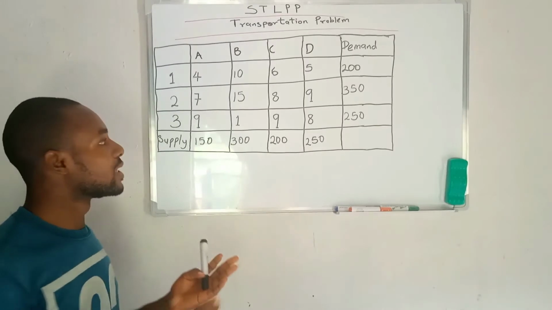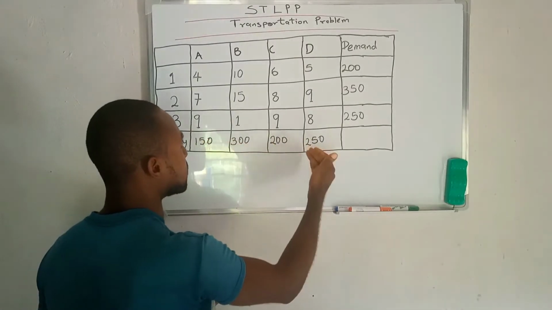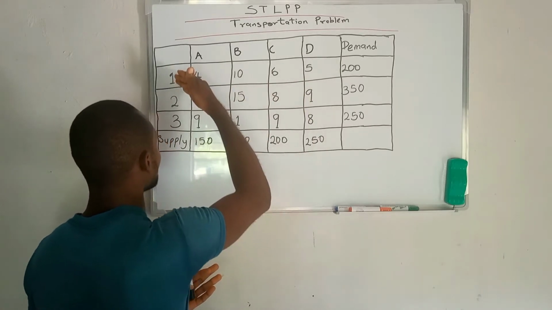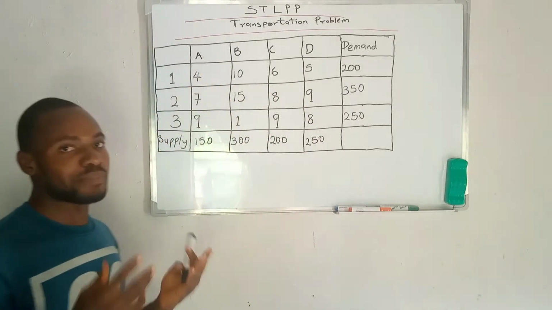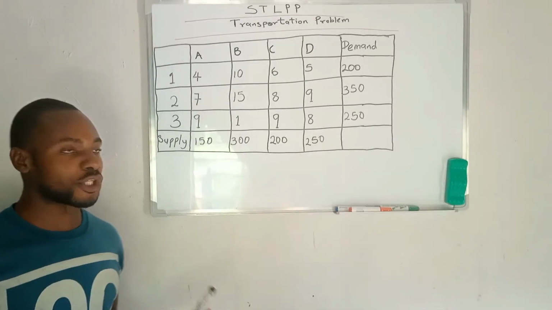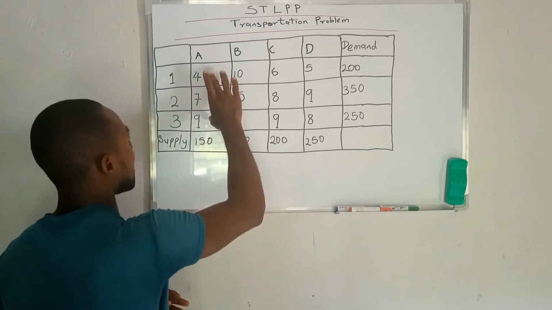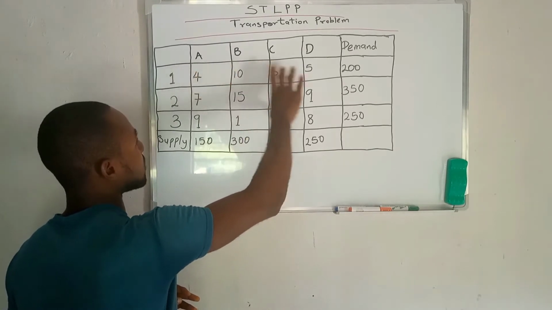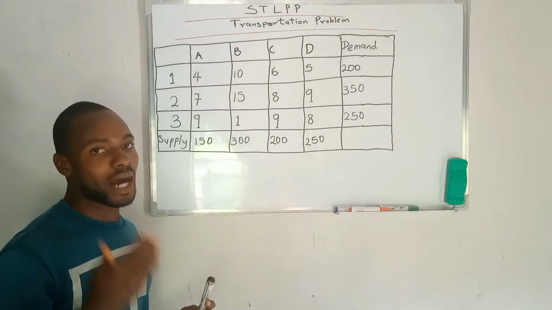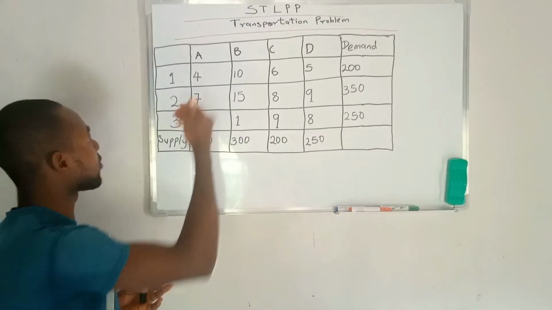So how do we supply these goods to these various stores and spend the least amount we can in transportation? The figures we see inside here are the cost matrix. That is the amount it will cost us to transport a good.